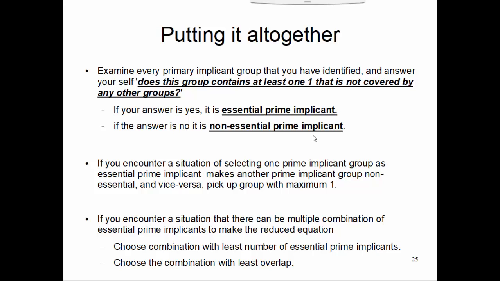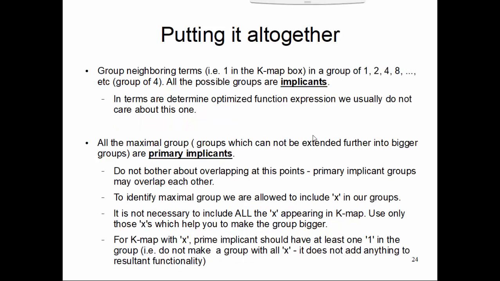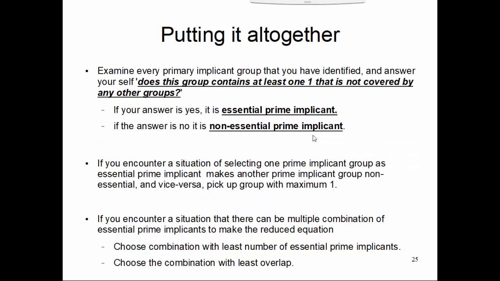So we start with implicants, not important. Then we identify all such prime implicants. Inside prime implicants, we are allowed to include X if it helps us make a bigger group, but we do not make a group with all X's. Then for every prime implicant group, you ask yourself if this group contains at least one 1 not covered by any other group. If yes, it's an essential prime implicant.